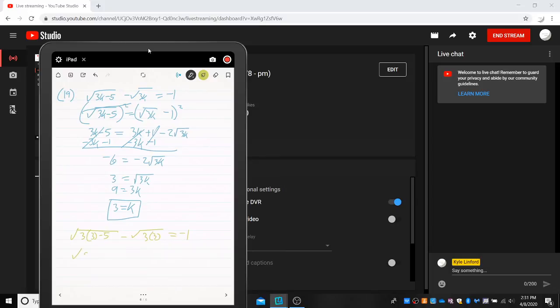So 3 times 3 is 9 minus 5, minus the square root of 3 times 3, which is the square root of 9. 9 minus 5 is just a 4, and the square root of 4 is 2. The square root of 9 is 3. And yeah, 2 minus 3 is negative 1. So this works out. We're good to go. This is, in fact, a true solution to the original radical equation.